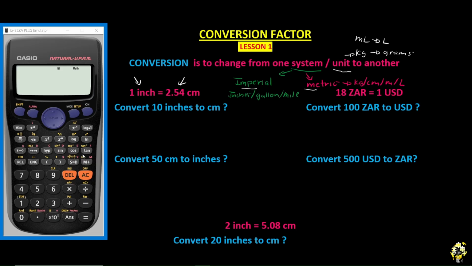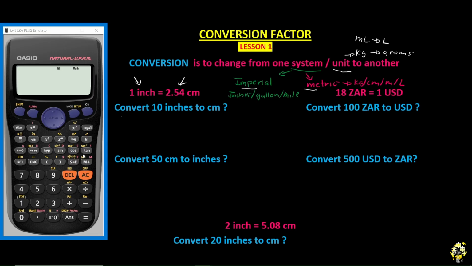So let's do this. First thing, when you get a question that has to do with a conversion factor, this is what you do. This will be on the question paper. You will be given the conversion factor. The first thing you have to do is rewrite the conversion factor.